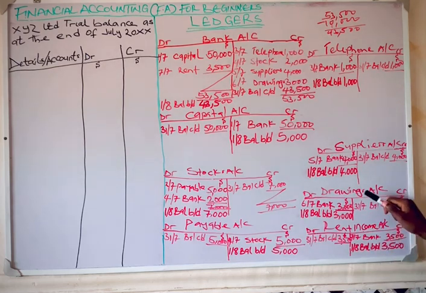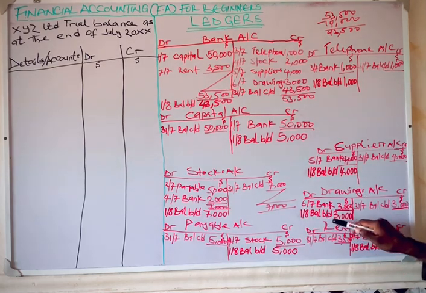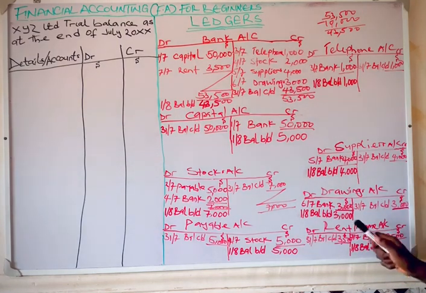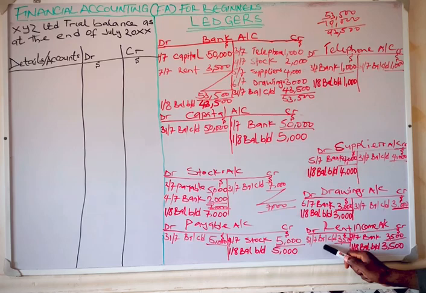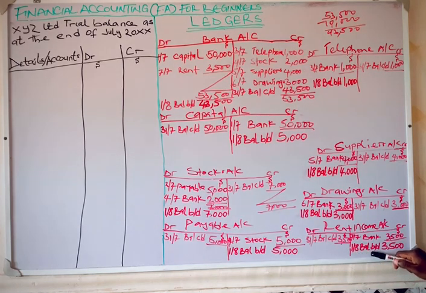Drawings account, our balance BD is at the debit side, so it has a debit balance. Rent or rental income account has its balance BD at the credit side, so it has a credit balance.